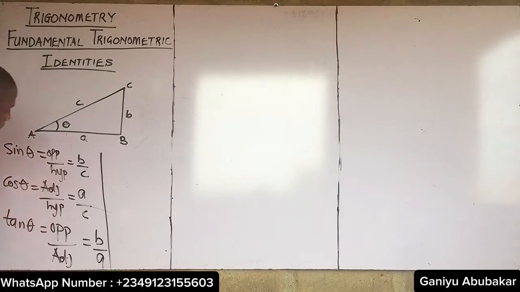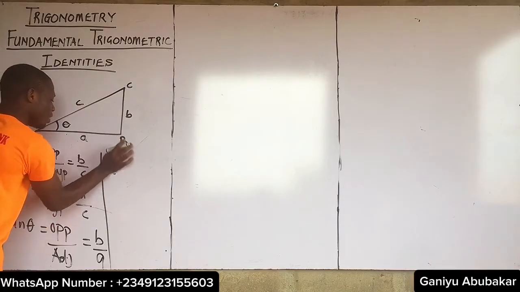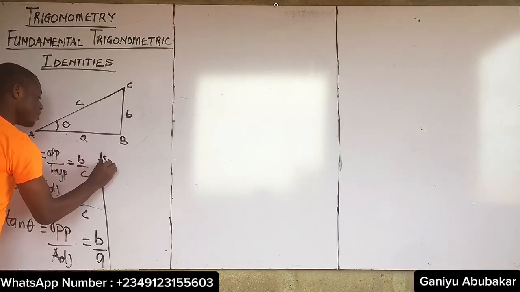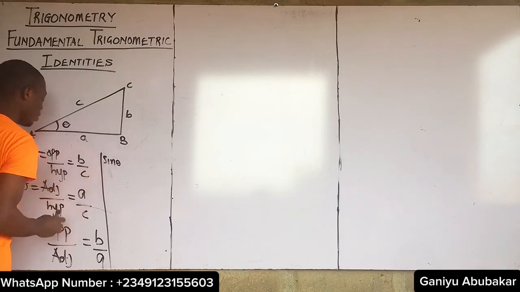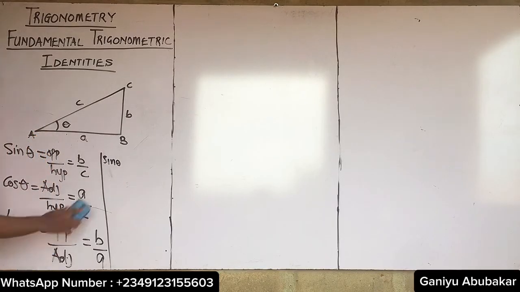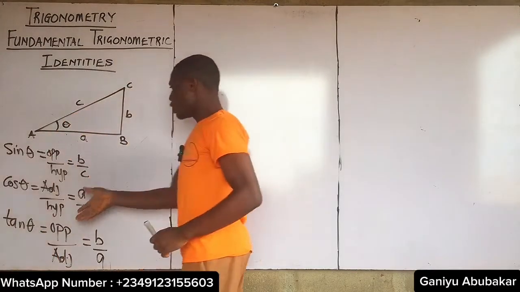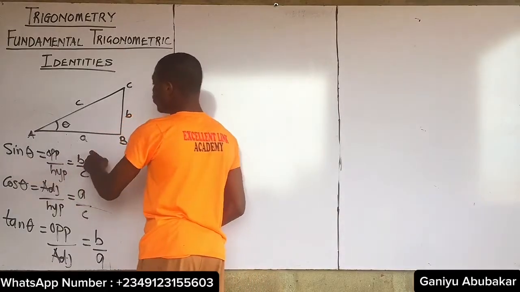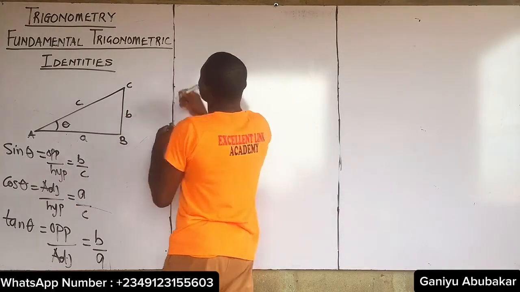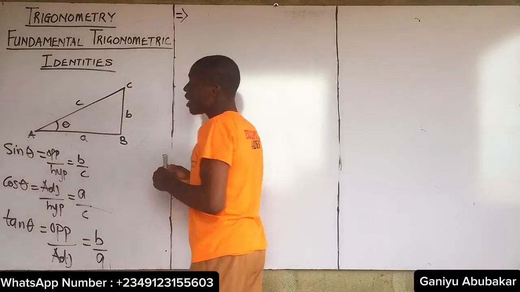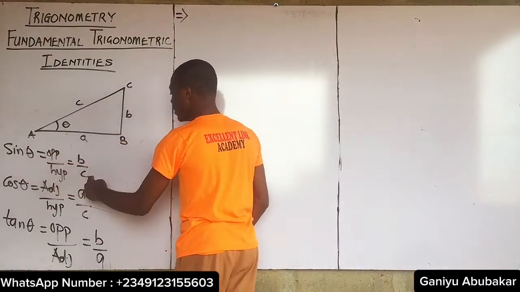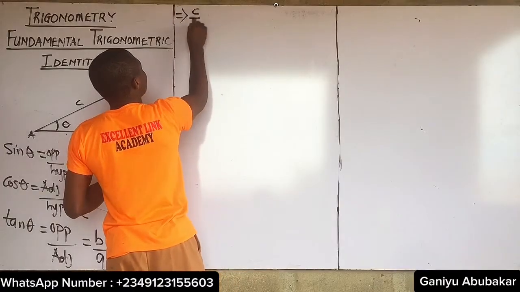For sine theta, I'm having B over C. What will C over B become?